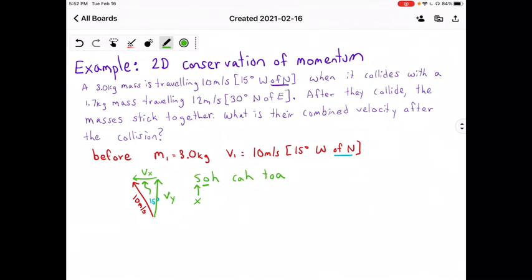And the 15 is adjacent to the Vy, or the A in CAH, which means y takes the cosine. So when we're breaking our 10 meters per second up into its x and y components, we're going to use sine for x and cos for y. But I don't want you to have to reason through this every time and draw a triangle because it takes a lot of time to think your way through it.